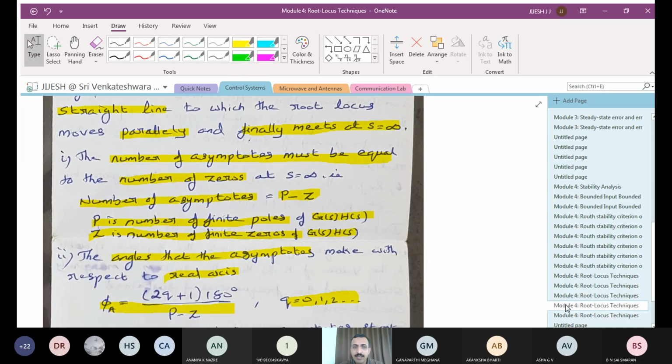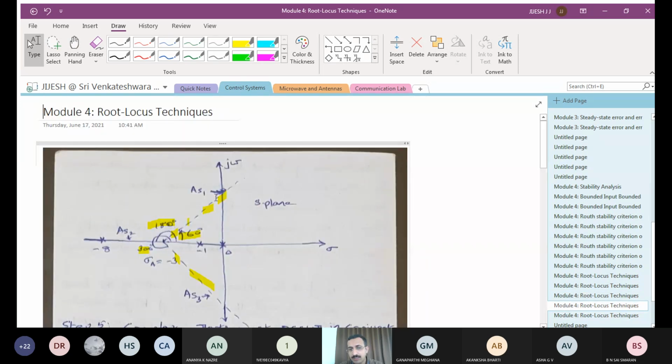Now further, we understood which angle you have to draw as well as how many asymptotes there are, but we don't know where to start. How do we know which point to start from? That also we need to calculate. From that point, at an angle of 60 degrees you draw an asymptote, at 180 degrees you draw an asymptote, and at another angle, 300 degrees, you draw another asymptote.